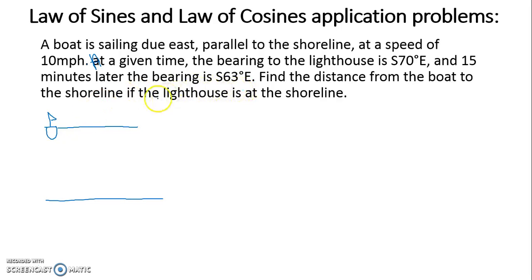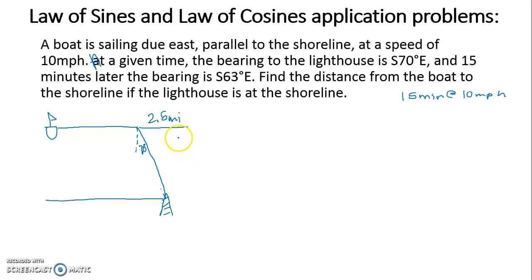At a given time, the bearing to the lighthouse, so let's put our lighthouse right there, is south 70 degrees east. And 15 minutes later, so I'm still going this way, 15 minutes at 10 miles per hour, would give me having gone 2.5 miles.